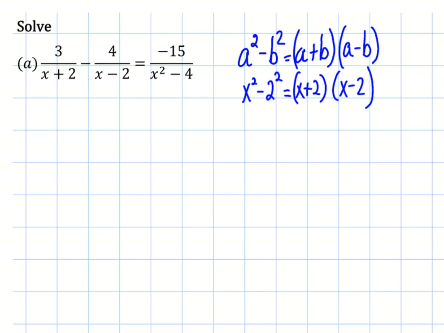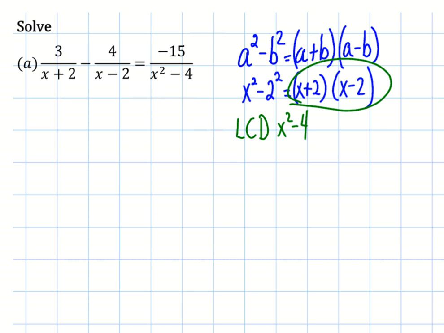So our least common denominator is going to be x squared minus 4, but we're going to look at it in that format. I'm going to take the least common denominator and multiply, because that's an equal sign. I'm going to multiply it by each one of the terms.